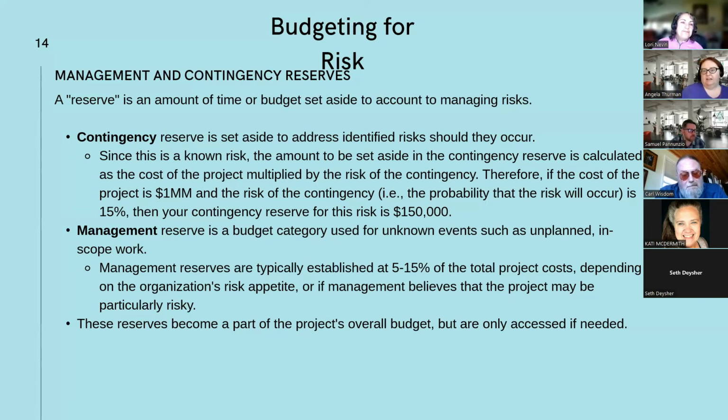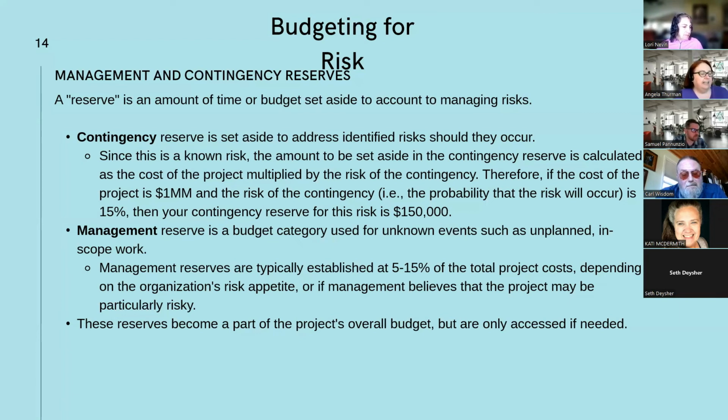So if you've got a $1 million project and the risk of the contingency, so the probability that this risk is going to occur, is 15%, then you take the $1 million times 15%, and your contingency reserve for that individual risk would be $150,000. Now, you do this for every known risk, and that's how you create your contingency reserve.